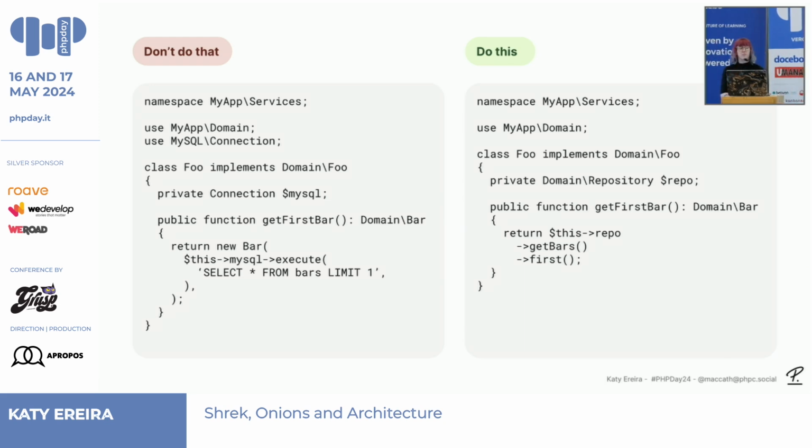A repository is responsible for fetching and storing data, for example, so that you don't have to reference the actual database in your code. You can just reference this repository layer, and then it's up to your application layer, the skin, to determine what exactly, database-wise, your repository is accessing.